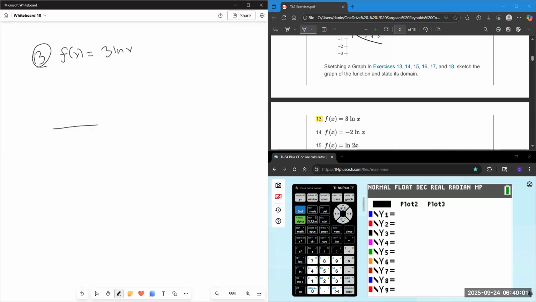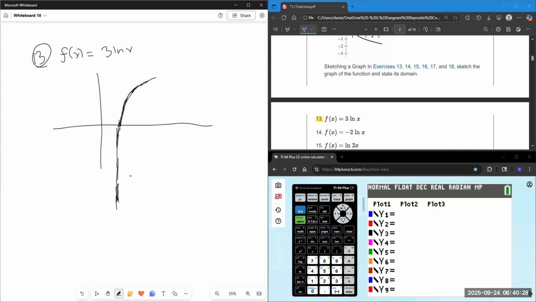So we need to still pass through (1, 0), but we need to go down faster and we need to go up faster. So this is going to kind of be more like this, that it's going to be rising faster and it's going to be falling faster.